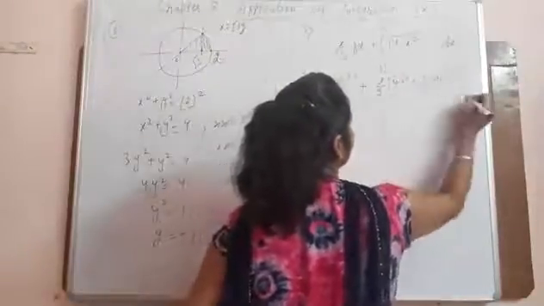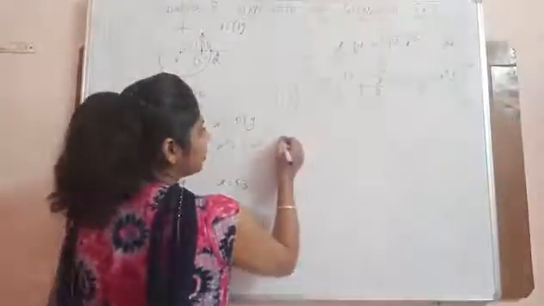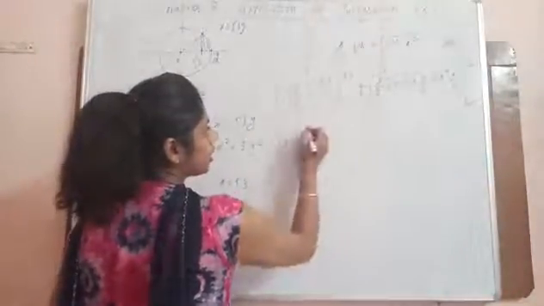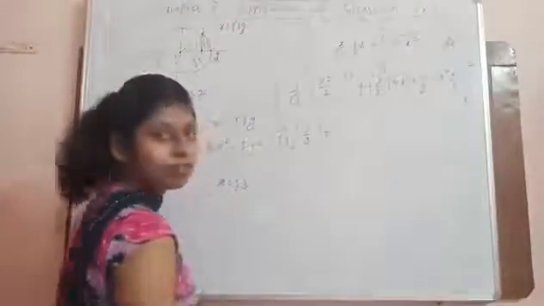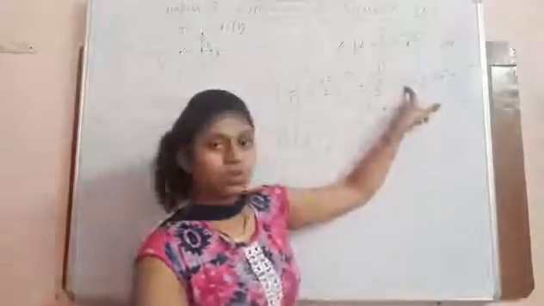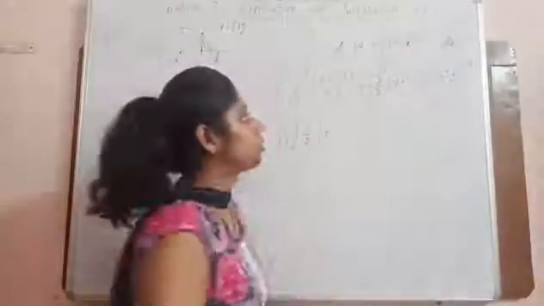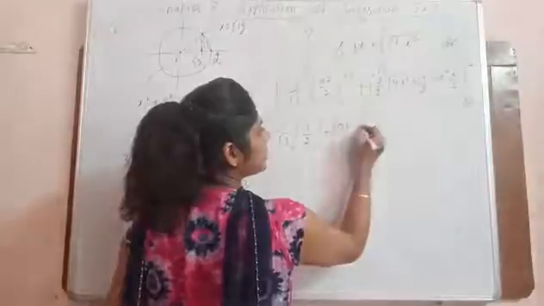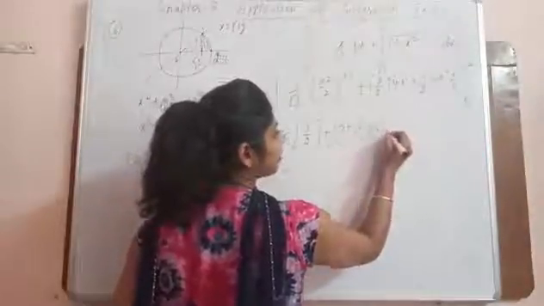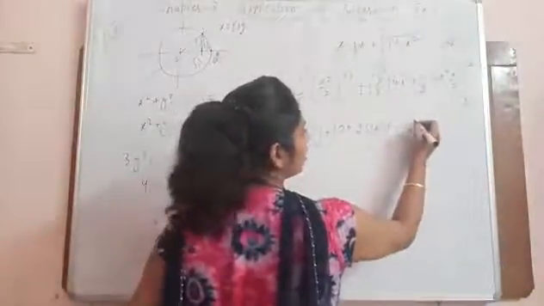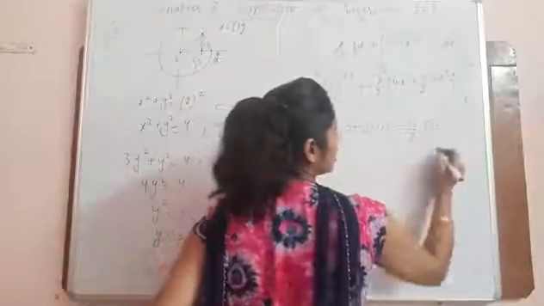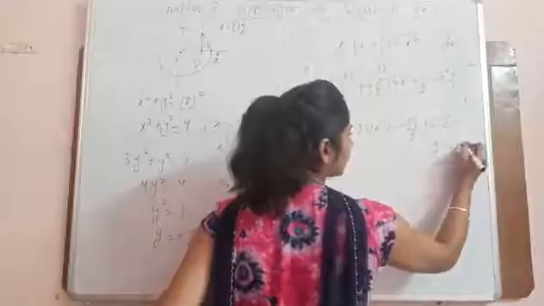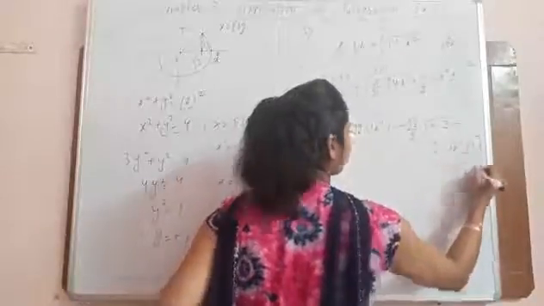Now put the limits. Firstly, root 3 square is 3, so 3 by 2. 2 by 2 is 1. 4 minus 2 square is 0, plus 2 sin inverse 1, minus root 3 by 2 square root of 4 minus 3, minus 2 sin inverse root 3 upon 2.